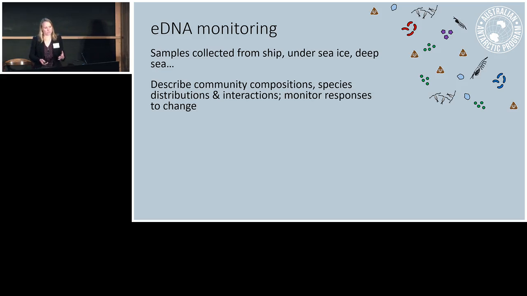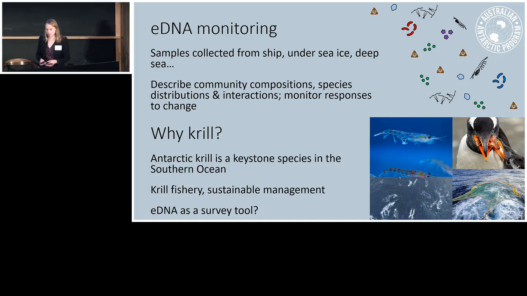And over time, we can monitor the response of these species and communities to change. And importantly, we can do that without ever having seen any of these species in person, so to say. We just use the traces they leave behind, the DNA signatures.